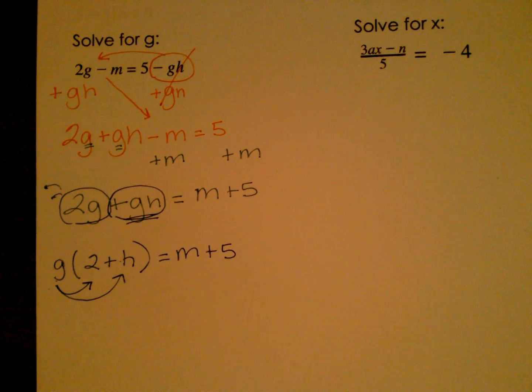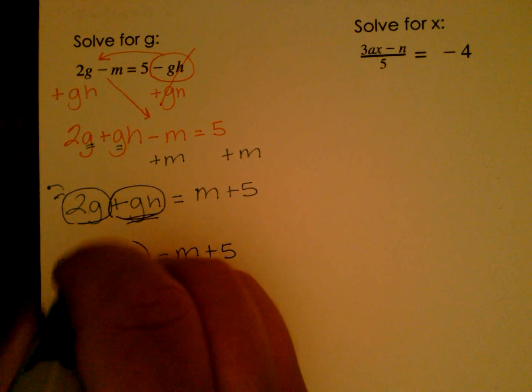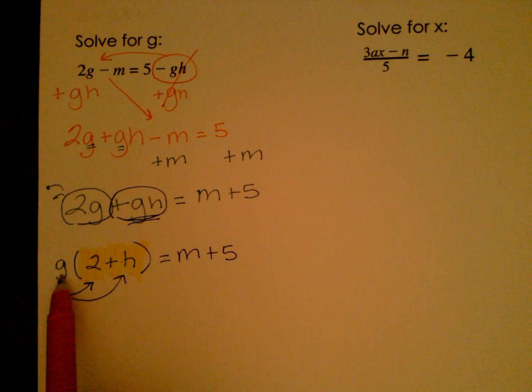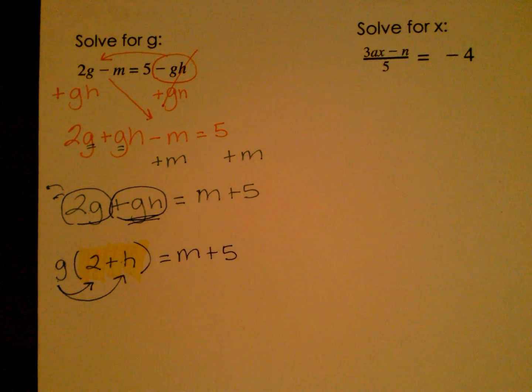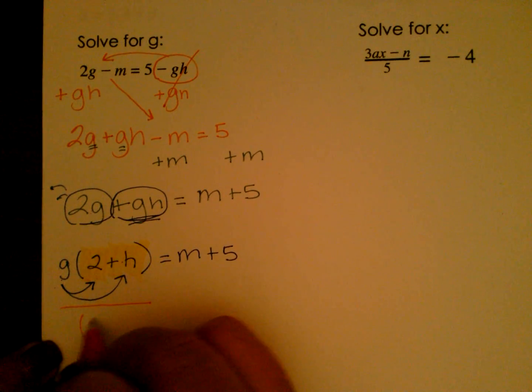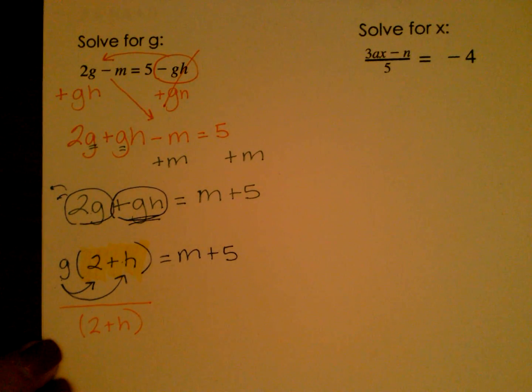Again, we created a group. Items inside the parentheses. Remember, we talked about grouping symbols. They are grouped together. You cannot separate them. G written next to parentheses means multiplication. Therefore, we need to divide. So I'm going to divide by the whole group.